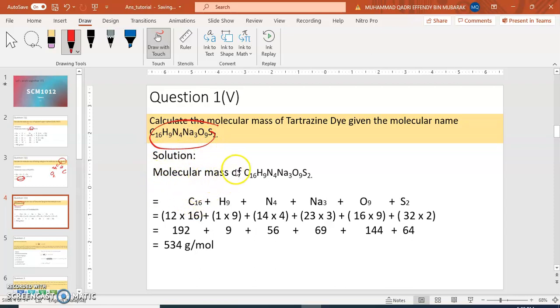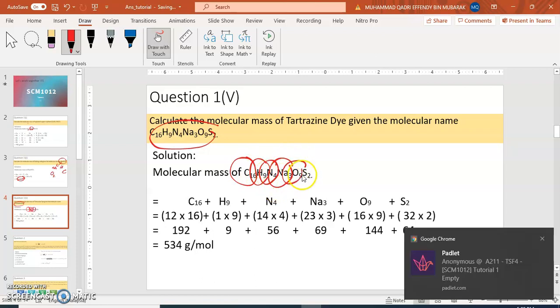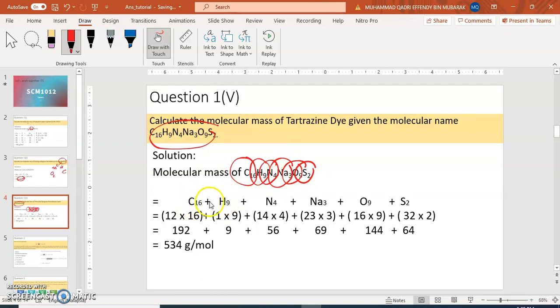Now we identify: we have 16 carbon, 9 hydrogen, 4 nitrogen, 3 sodium, 9 oxygen, and 2 sulfur. So we have C16 plus H9 plus N4 plus Na3 plus O9 plus S2. Again, by referring to our table, we need to identify the molecular mass for each species present in our molecular formula.